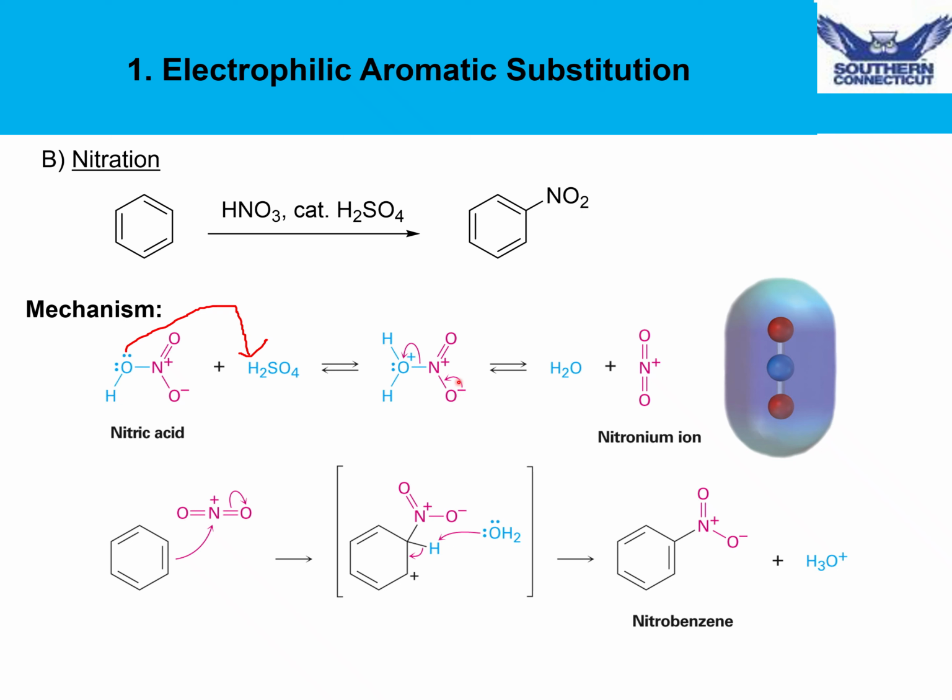So we form the double bond here by eliminating the water molecule, and we make nitronium ion, which is a great electrophile. That electrophile reacts with an aromatic ring to make the sigma complex, which then reacts with water to remove this hydrogen, reform the double bond, and therefore reform the aromatic ring.